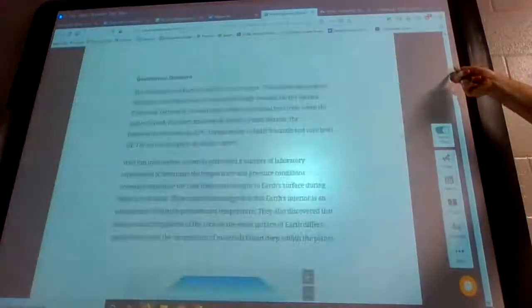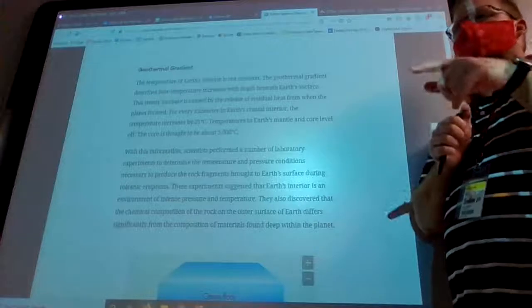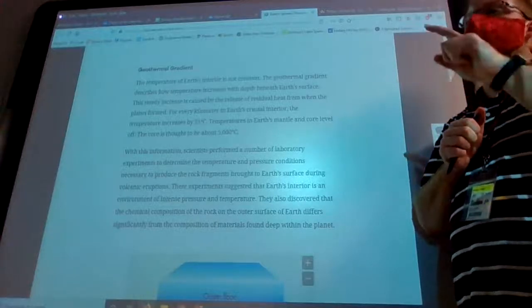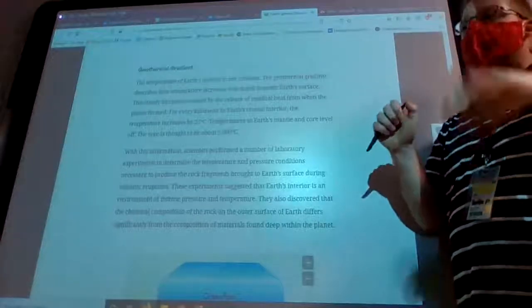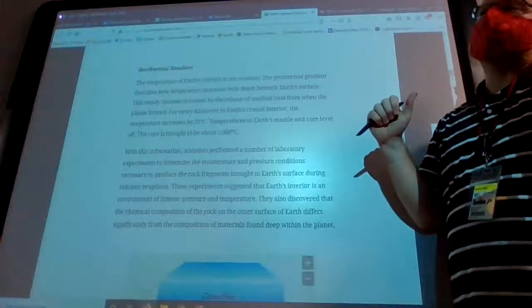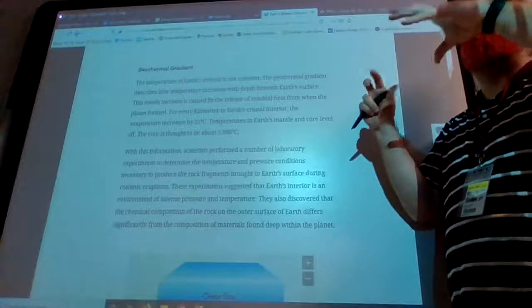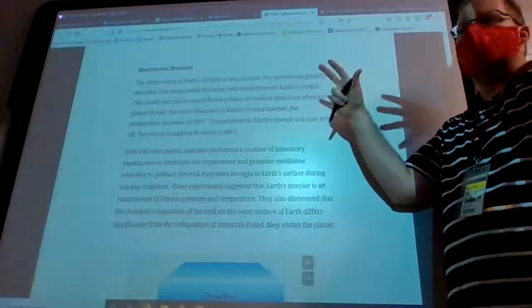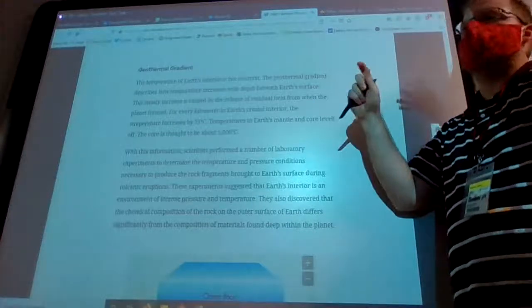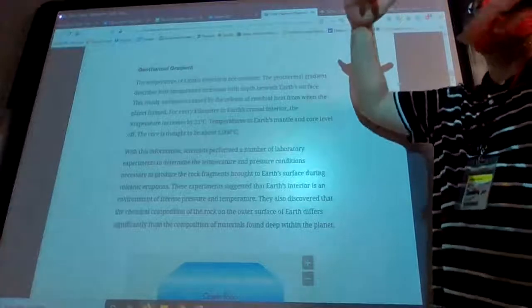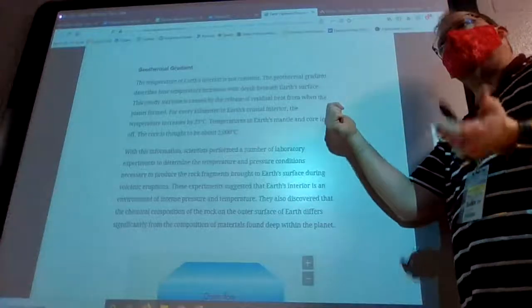Is ocean crust and regular crust different? Continental crust and oceanic crust? Yes, they are different. They're not the same. Oceanic crust is more dense. It has darker rocks. And continental crust is lighter in density and has lighter colored rocks. So the continental crust floats, which is why the continents are really old.